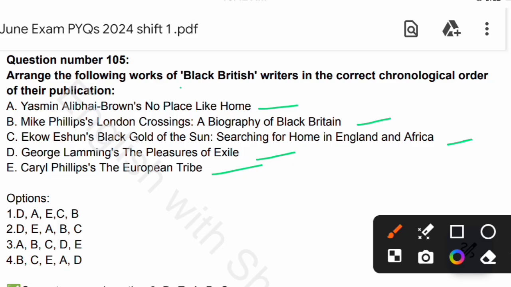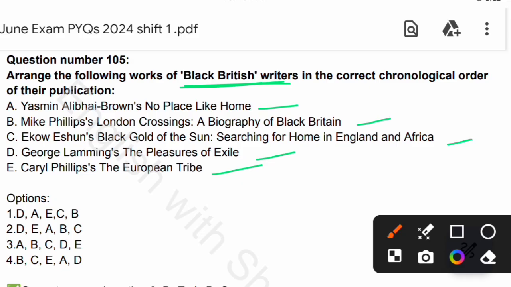Black British writers. Black, so you know what type of people fit into this category. See the options and try to find the correct chronology as per their publications. Questions you have not seen in the normal question, you will see in chronology and matching. This is what NTA sets, and this is the pattern of NTA, designed to trick the students.